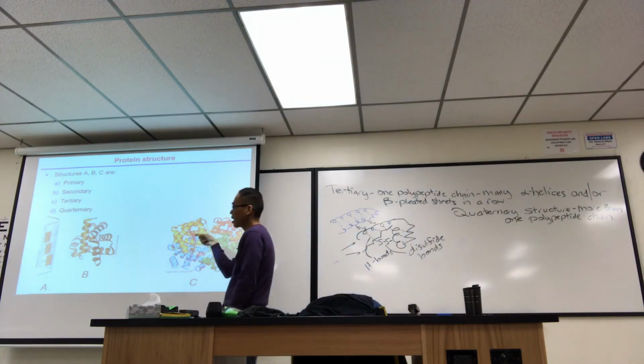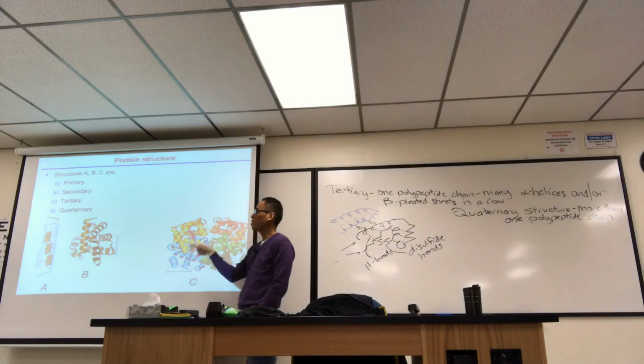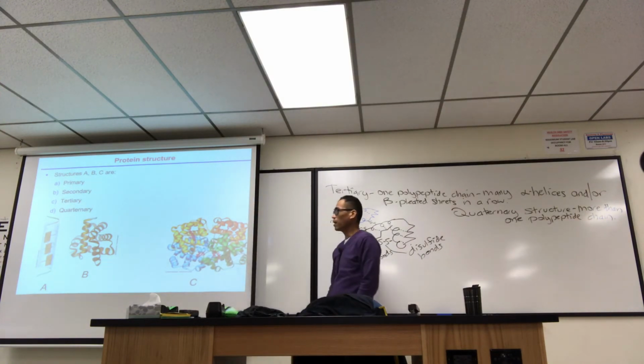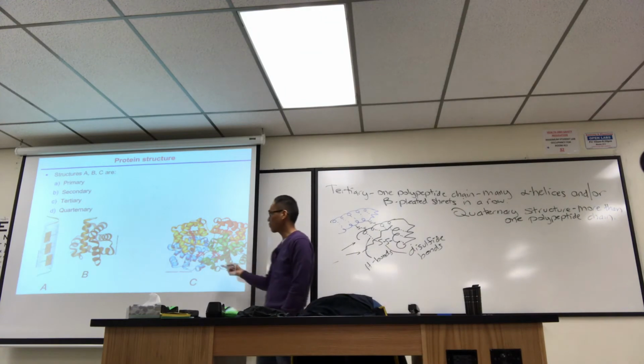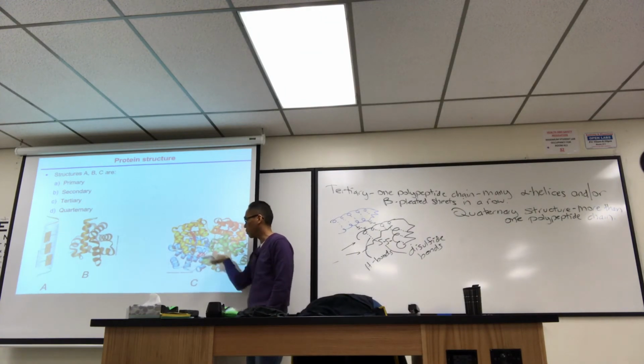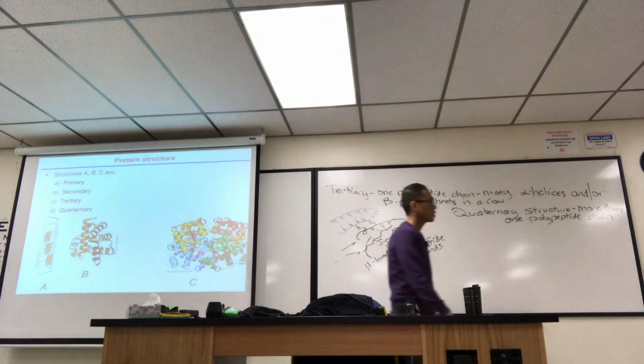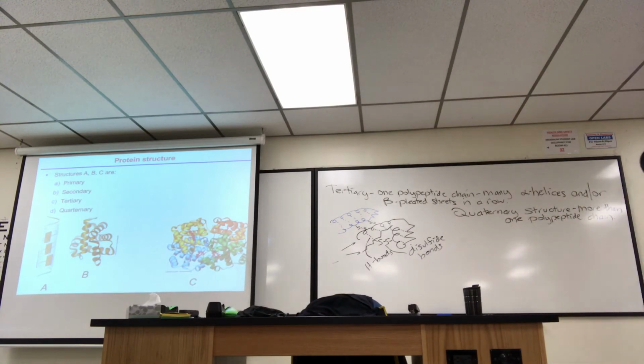So then what's B? Tertiary, because it's one polypeptide chain. They tried to show that by making it one color, and it's a bunch of helices in series in a row. So then what's C? Quaternary. They use color to show different polypeptide chains linked together. This is probably hemoglobin. Okay, well, anyways, that's the structure of proteins.